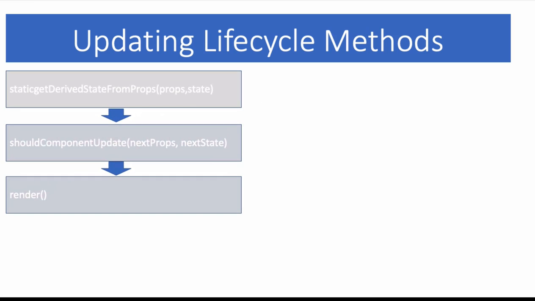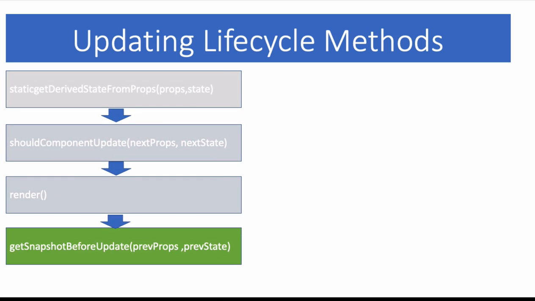The fourth method is getSnapshotBeforeUpdate. This method accepts previous props and previous state as its parameters, and it's called right before the changes from the virtual DOM are reflected in the DOM. This is also a rarely used method. You will use this method to capture some information from the DOM, for example, the scrolling position.